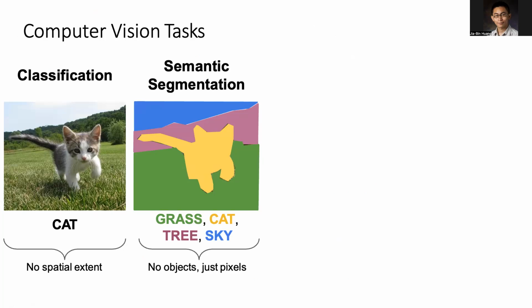Labeling pixels as road, drivable or not drivable, is a very important problem. Or you want a robot to recognize objects that you can manipulate, or recognize a chair that you can sit on. So semantic segmentation basically segments every pixel into a semantic class.